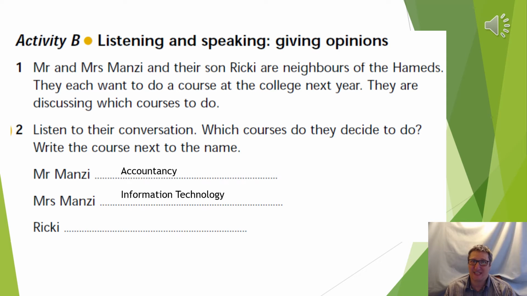And good old Ricky, he didn't want to do IT, information technology. He didn't want to do crafts because he didn't want to do building work. Instead, he chose to do travel and tourism. Okay.